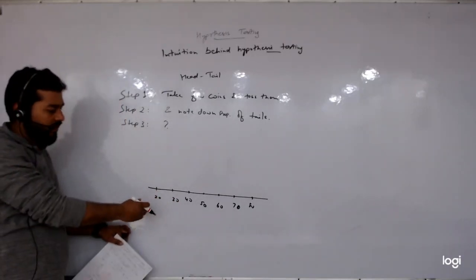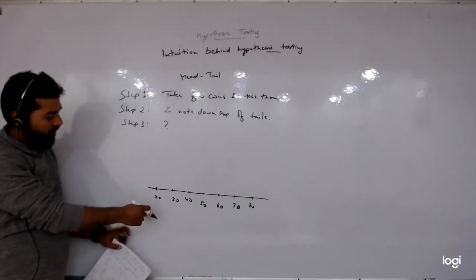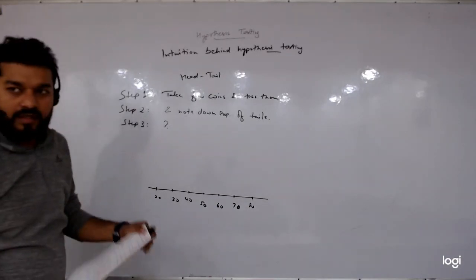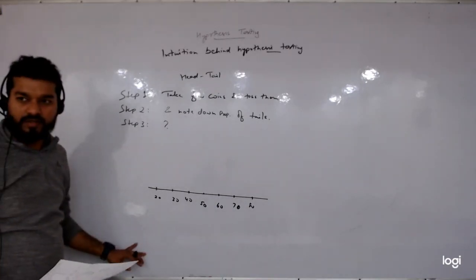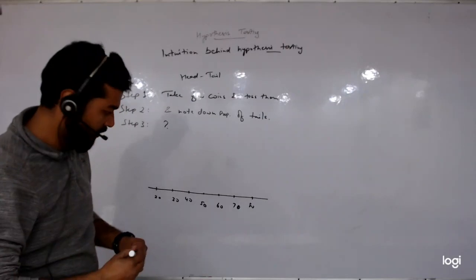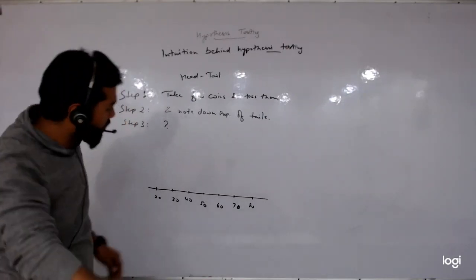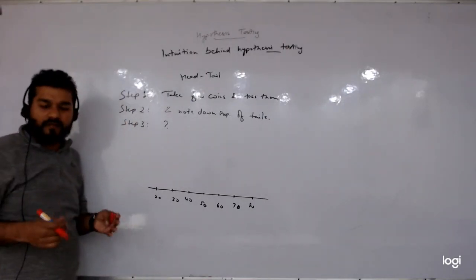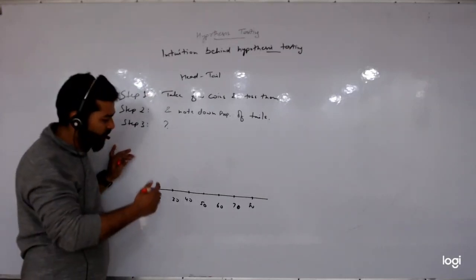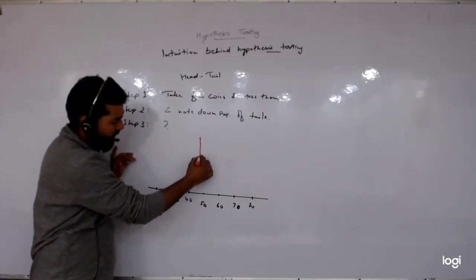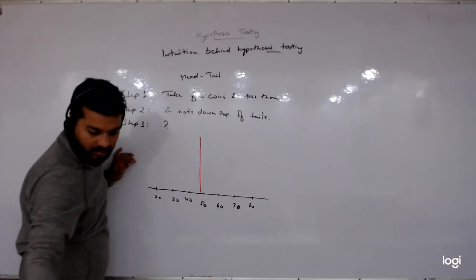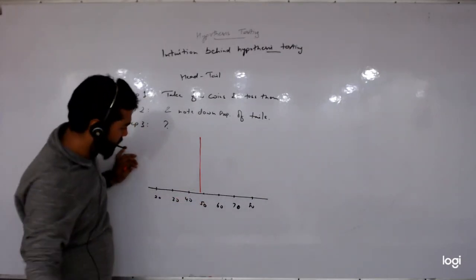Okay, these are tails obtained in a toss of 100 coins. If the coin is not biased, if it's actually a fair coin, what would we expect? We would expect something like this.